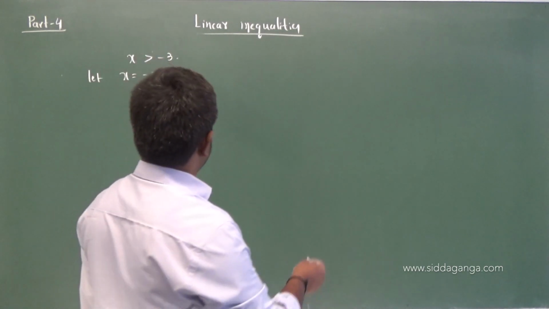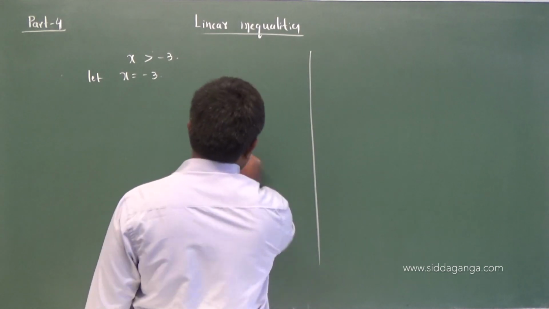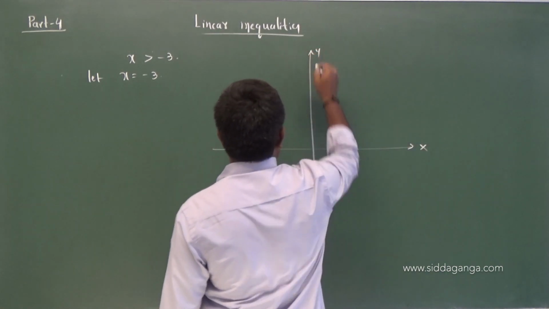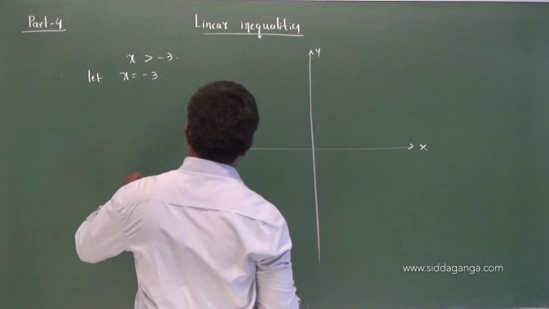Here, let's draw the graph of x equal to minus 3.